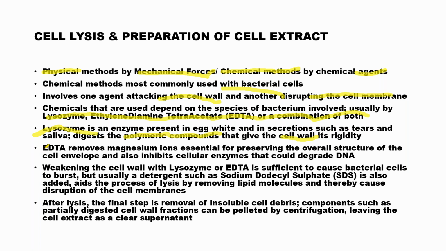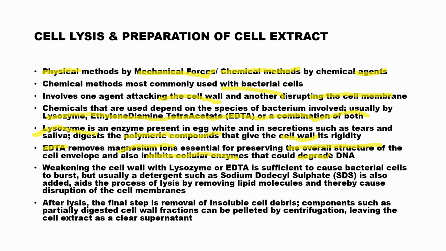And what about EDTA, ethylene diamine tetraacetate? It removes magnesium ions, essential for preserving the overall structure of the cell envelope, and also inhibits cellular enzymes that could degrade the DNA.